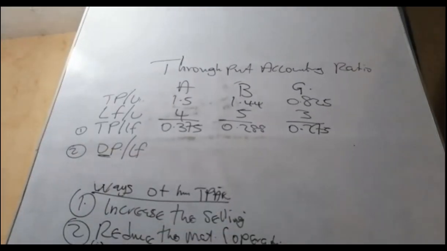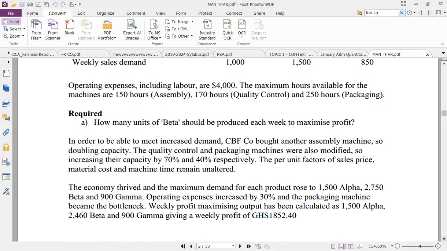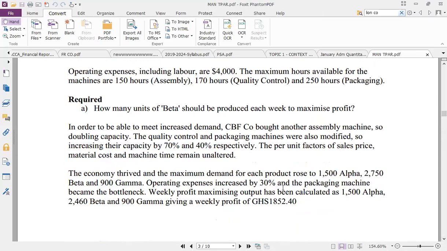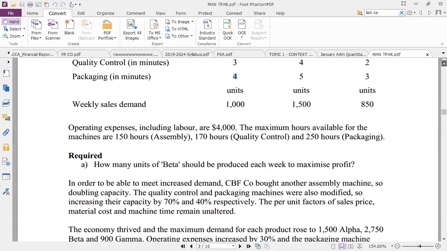Now, the total operating cost has changed. It wasn't the same as the old one. So according to the question, let's see whether the operating cost will change or is still the same. They are saying that the operating cost increased by about 30%. So what's the old operating cost? 4,000.